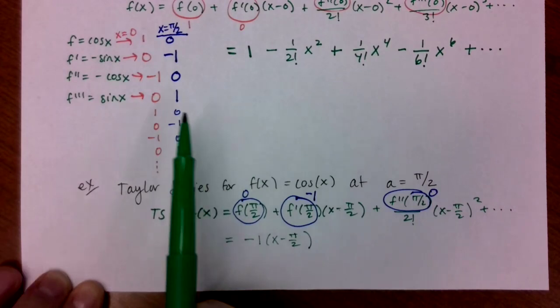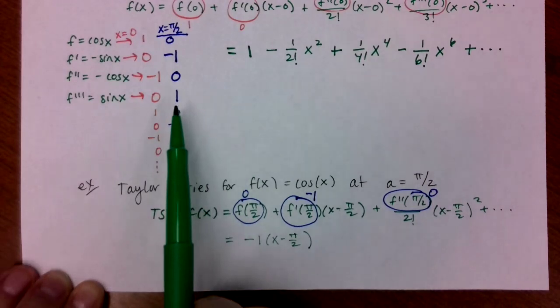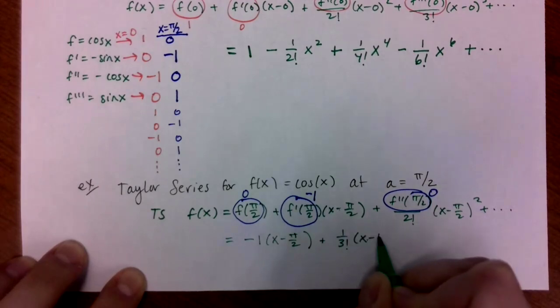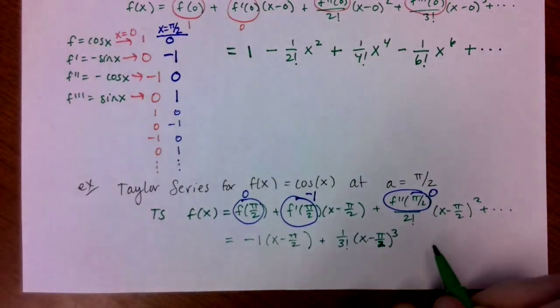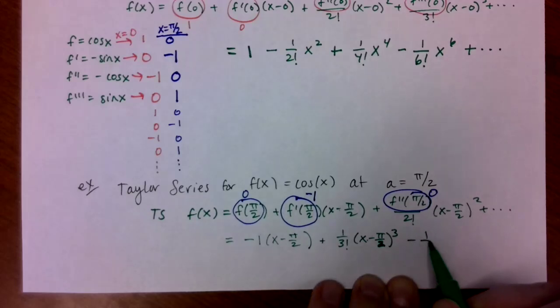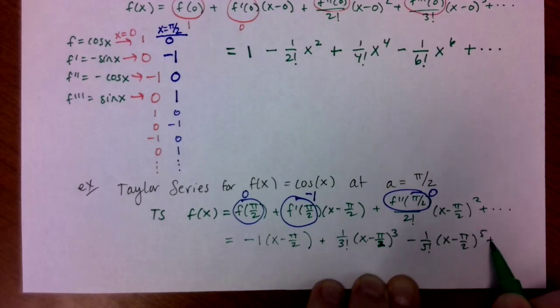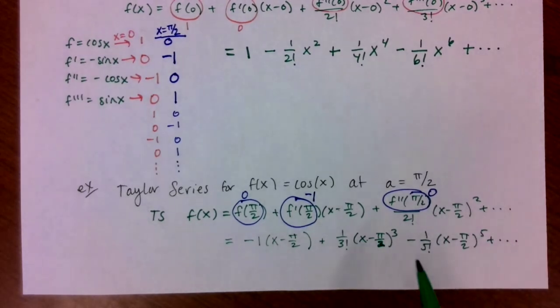And its coefficient is going to be this 1. This is where we are right now. So we'll have plus 1 over 3 factorial with an exponent of 3. And then the next one that'll show up is negative on the 5th. And so on. So we have 2 completely different Taylor series for the same function because we changed the center.